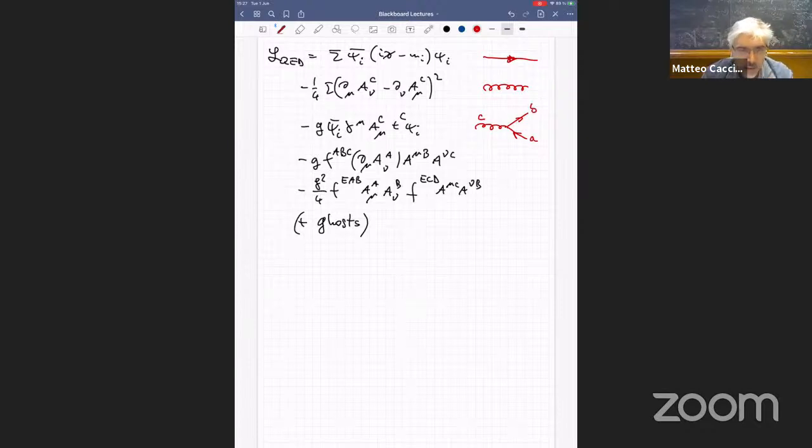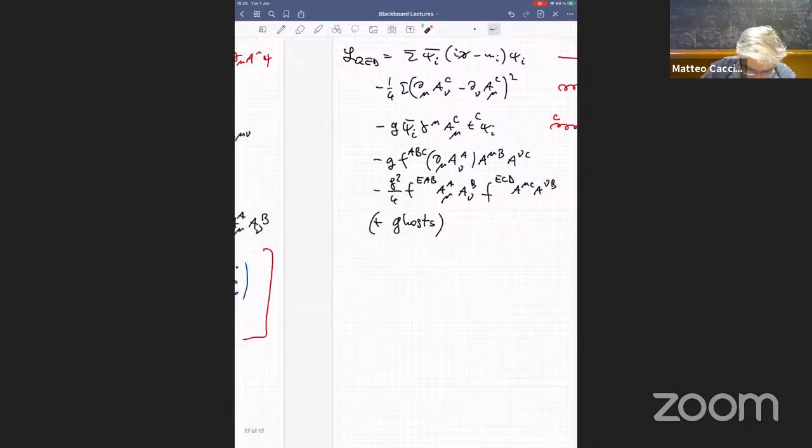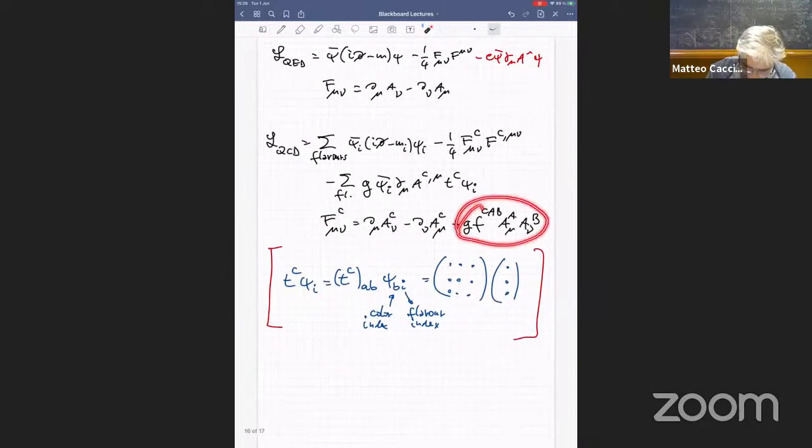The other two terms are where things become interesting, because these are terms that do not exist in QED. And you see that they are terms that contain respectively 3 powers of the gauge fields and 4 powers of the gauge fields. These terms do not exist in QED, as I was saying. They are strictly related to the non-abelian part of the theory, because they are strictly related to the existence of this term here.